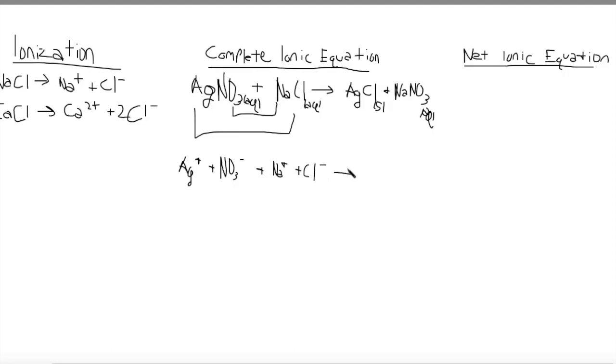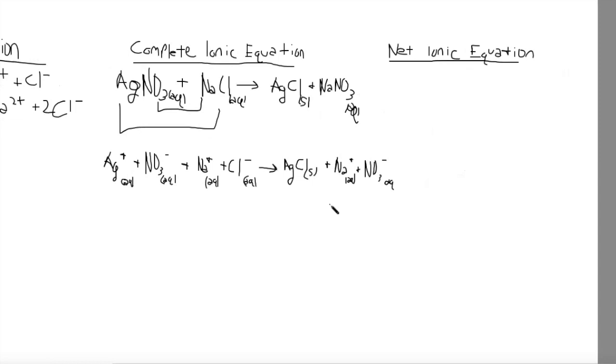And that's going to turn into silver chloride, since this isn't soluble. Sodium 1 plus. Nitrate 1 minus. So here is our complete ionic equation.